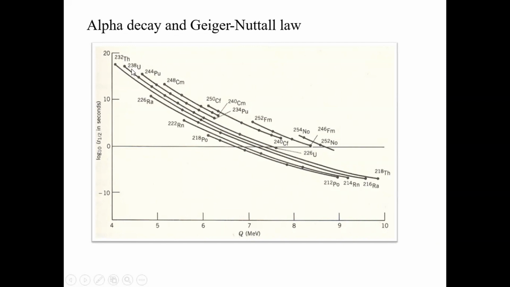So for thorium and uranium and plutonium, the half-life is rather large. And as we progress to this region where californium, radium, radon, the polonium isotope of 212 and thorium 218 are observed, the life is short, and the Q value is very large.